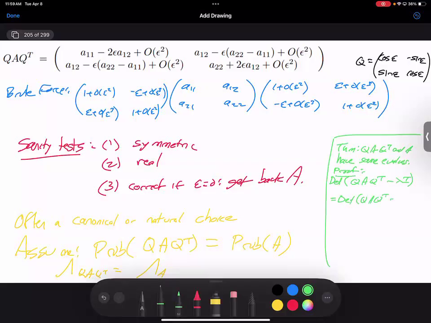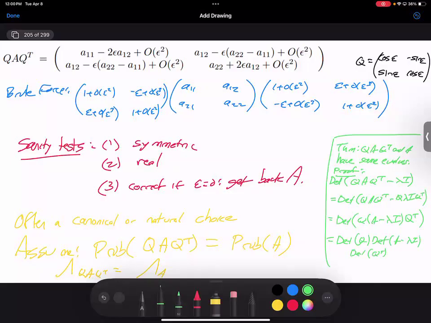Multiply by Q. Right, so this is the same as Q lambda I Q transpose. So this is the same as the determinant of Q times A minus lambda I times Q transpose. So this is the same as the determinant of Q, determinant of A minus lambda I, determinant of Q transpose.